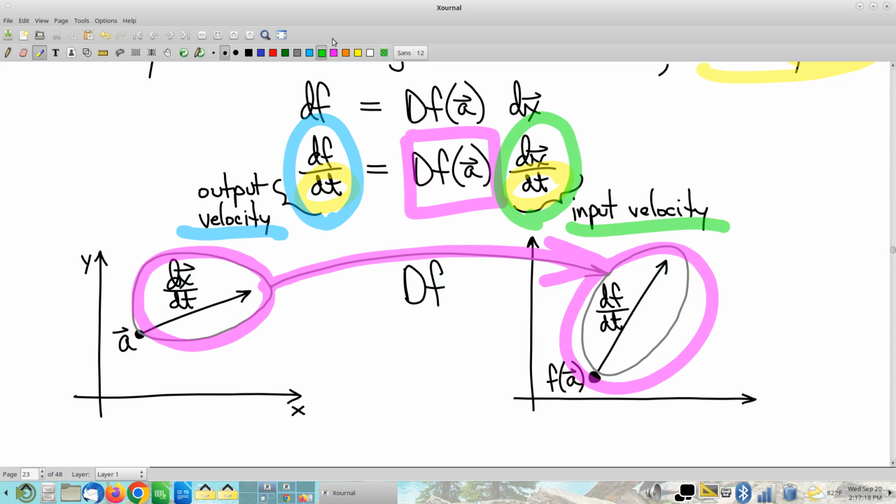Okay, so green is the input velocity, and blue is the output velocity. I like this point of view better because velocities are instantaneous rates of change. And so you don't even have to worry about the approximation aspect here. So this is my personal favorite way to think about what the derivative matrix does.